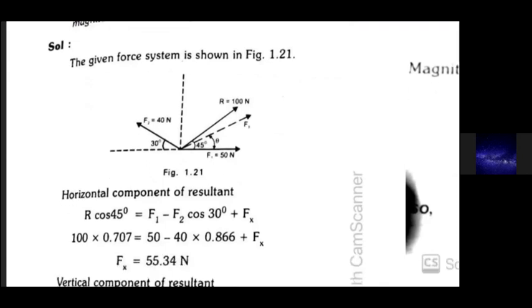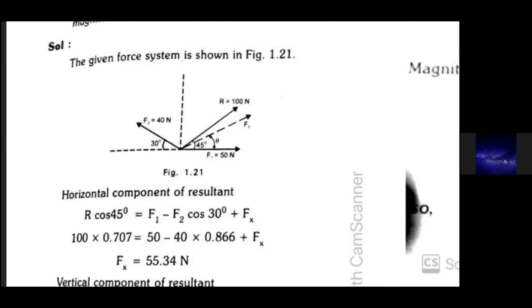We can resolve this F3 also along horizontal and along vertical. Resolve all the forces, the horizontal forces, and equate to the horizontal component of the resultant. Here F1 is 50 along x, so plus F1.